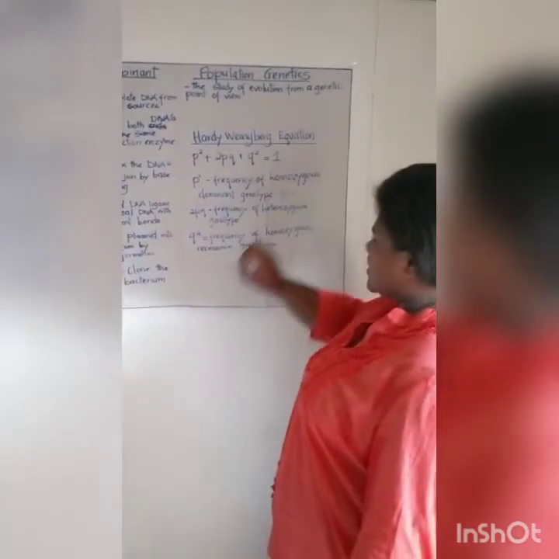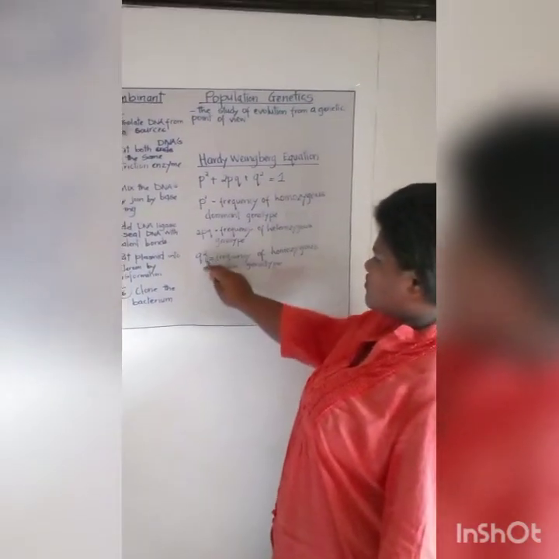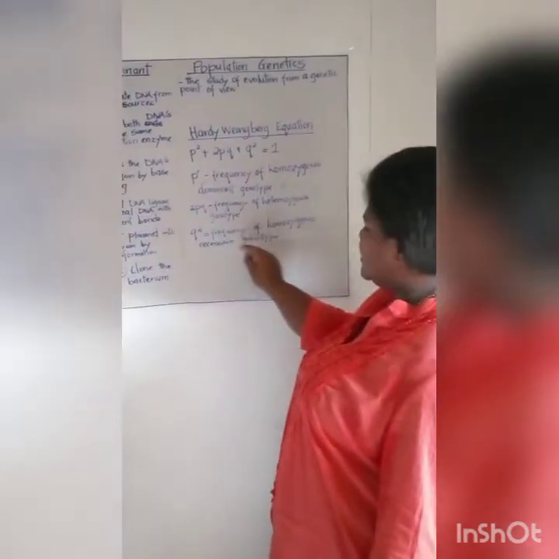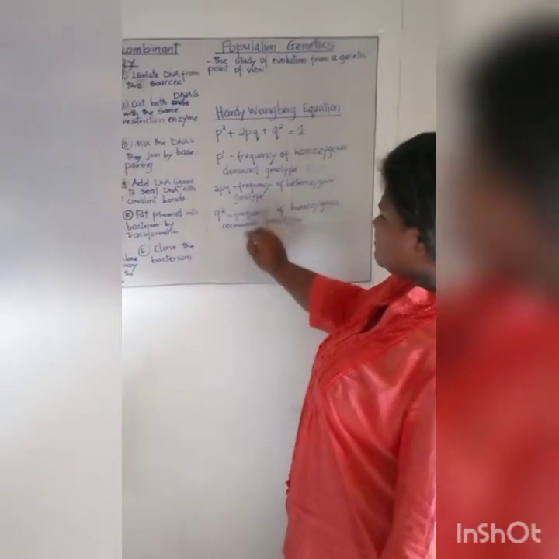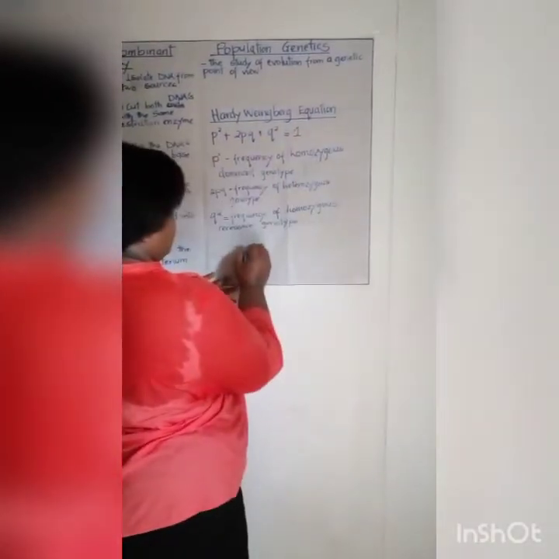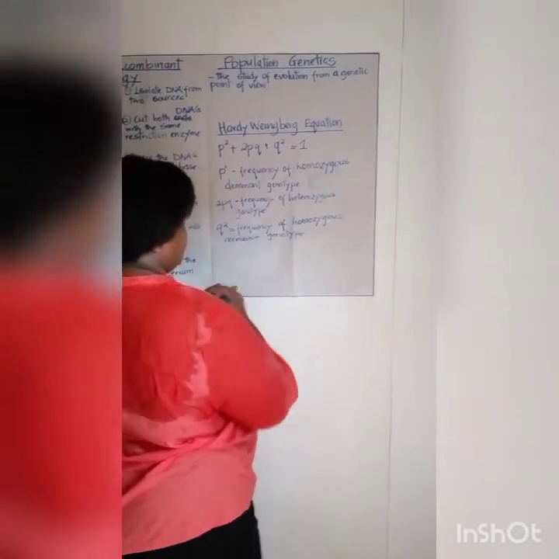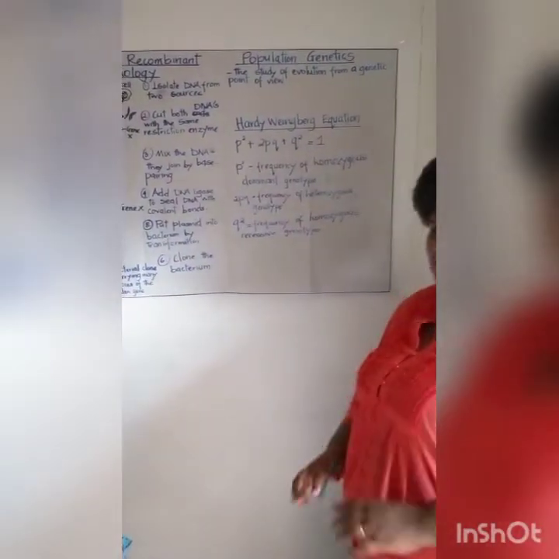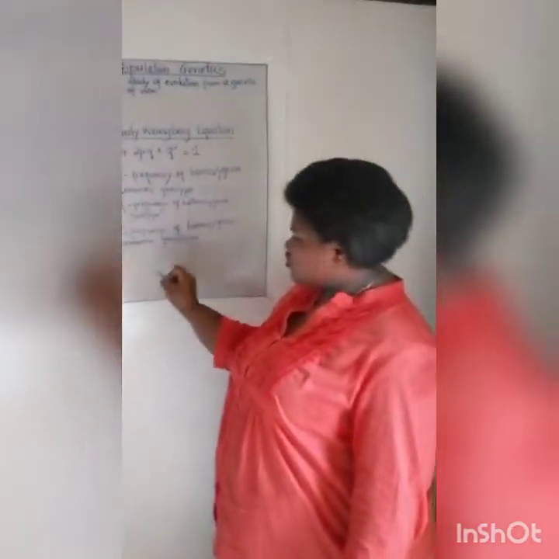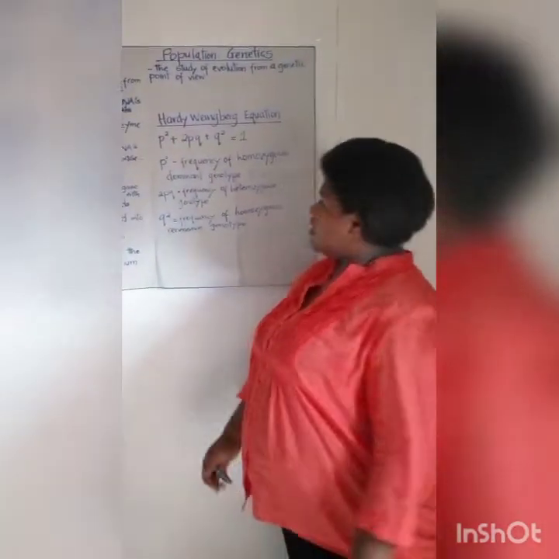And q squared is the frequency of homozygous recessive genotype. Recessive means two small b.